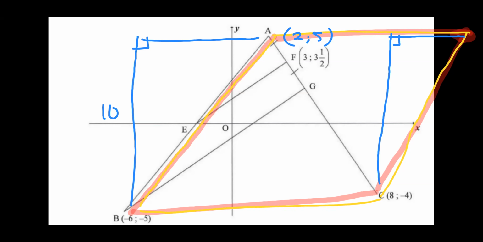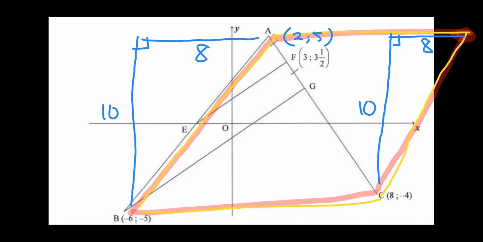And then from -6 to 2, how many units does it go to the right? Positive 8. That's correct. From -6 to 2 is 8. Now we want to move point C also 10 units up and 8 units to the right.